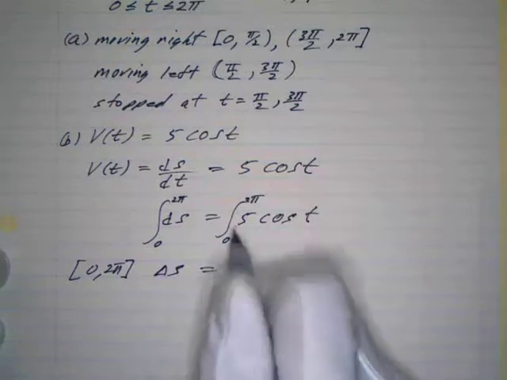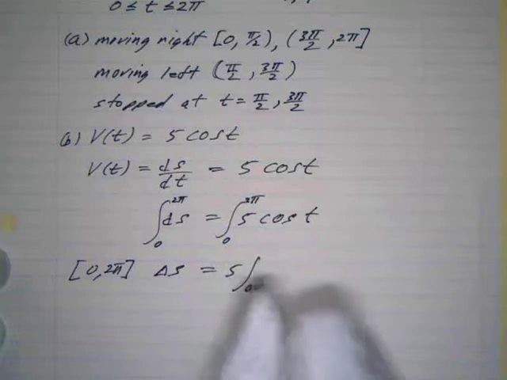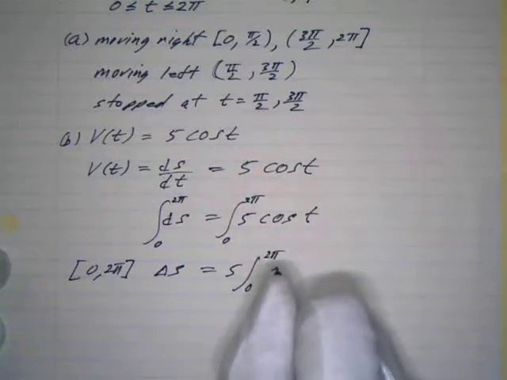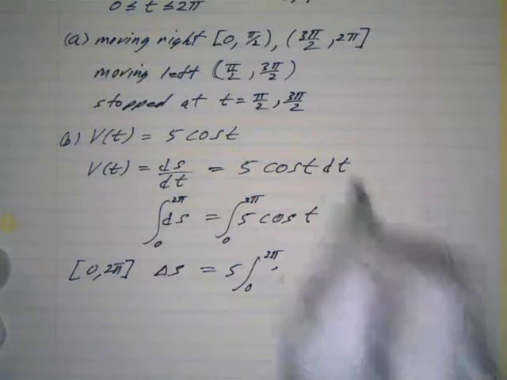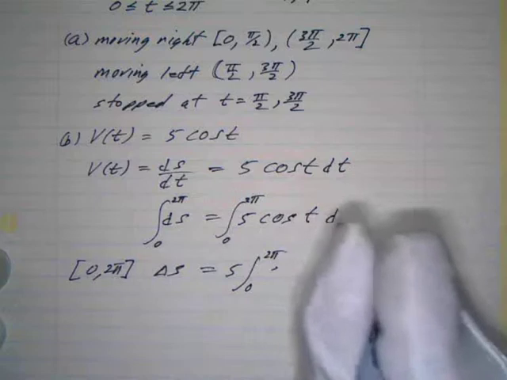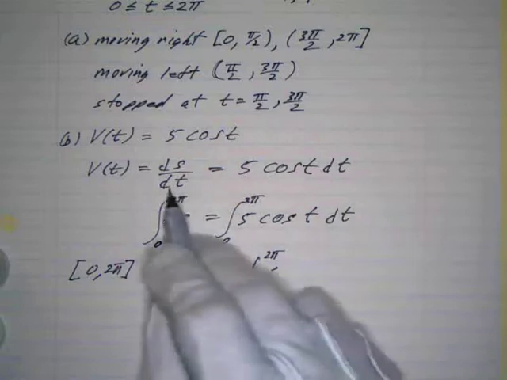Then I can pull the 5 out, so that's going to be 5 times the integral from 0 to 2 pi. Oh, I forgot my dt, pardon me. I forgot my differential, so I move that over there.